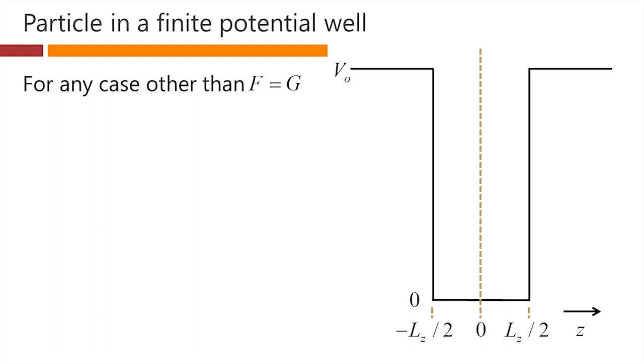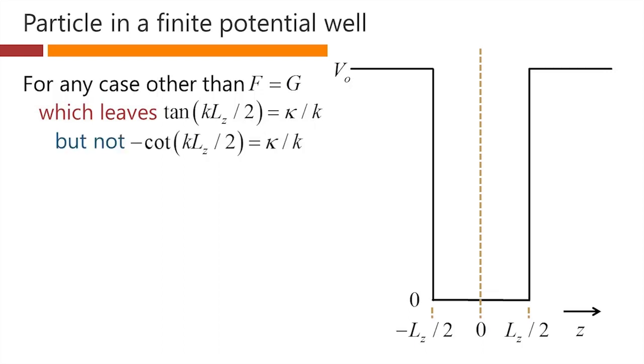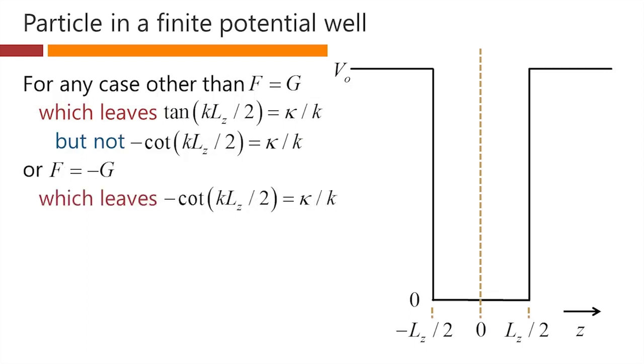So for any case other than f equals g, which leaves tangent of kLz over 2 equal to kappa over k, but not this condition. We can't get that condition because we'd be dividing by 0 and we wouldn't get this. So either this condition or this condition, f equals minus g, which would give us this condition applying but not this condition.